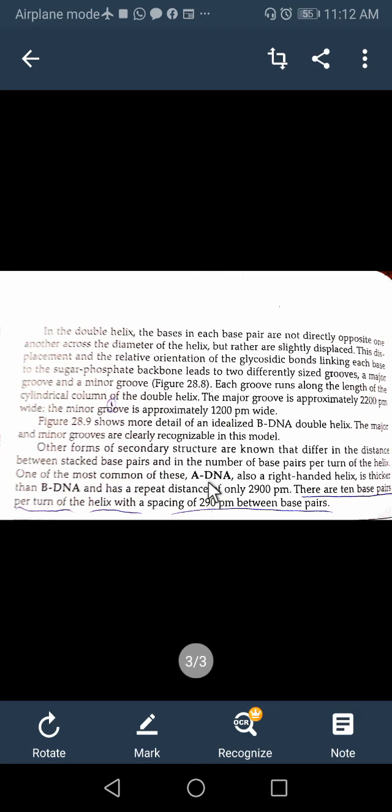Another type of DNA is A DNA. A DNA is also a right-handed helix. A DNA is thicker than B DNA.